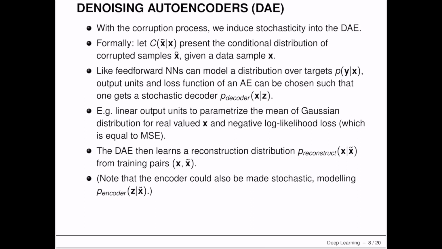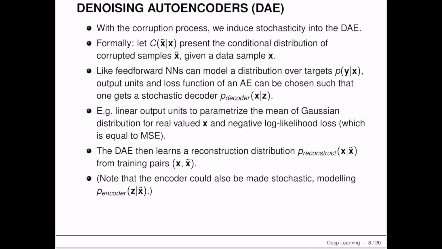And since training a model by maximizing the likelihood and training a model by minimizing the mean squared error is exactly the same, we could keep our mean squared error or L2 loss that we saw for training an autoencoder before, and this would just give a probabilistic meaning to the procedure.